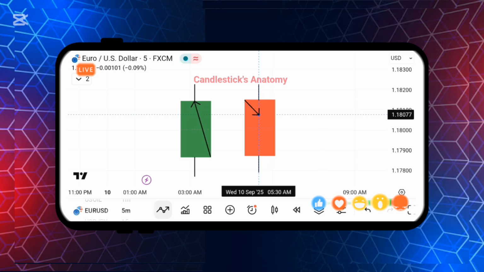So it means sellers are now dominating in this particular session, and as you can see, price now pushes further to the downside and closes back to this point. So for bulls, we have our open price from the bottom and our close price at the top, and we have our open price for bearish at the top and close price at the bottom.